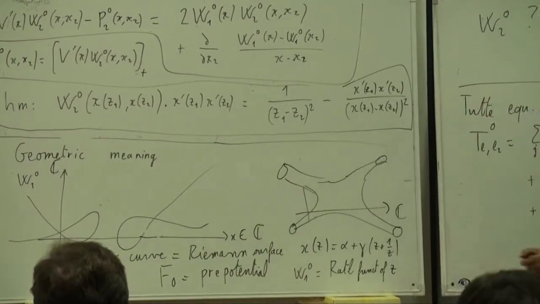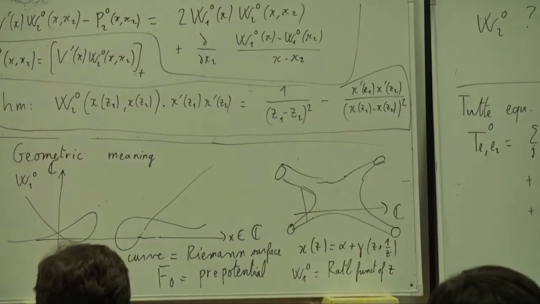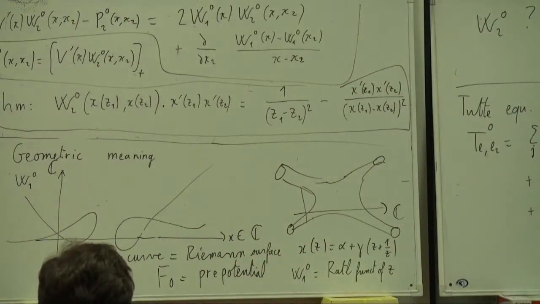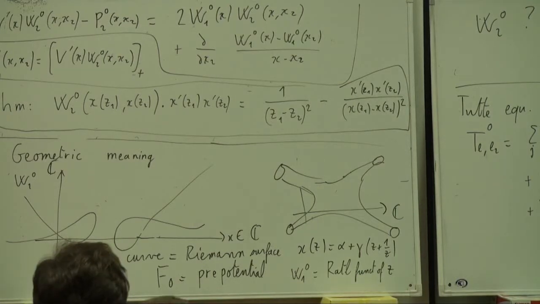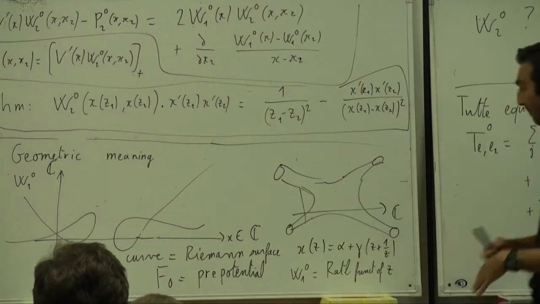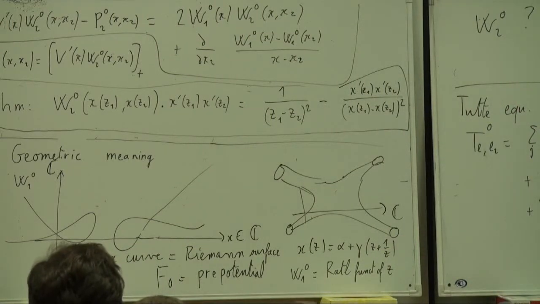So you see, in the x variable, W10 is multivalued. It contains square roots. It's multivalued. But when you use the z variable, it becomes a rational function. So really a monovalued function, somehow the simplest possible type of analytical functions you can imagine, a rational function.